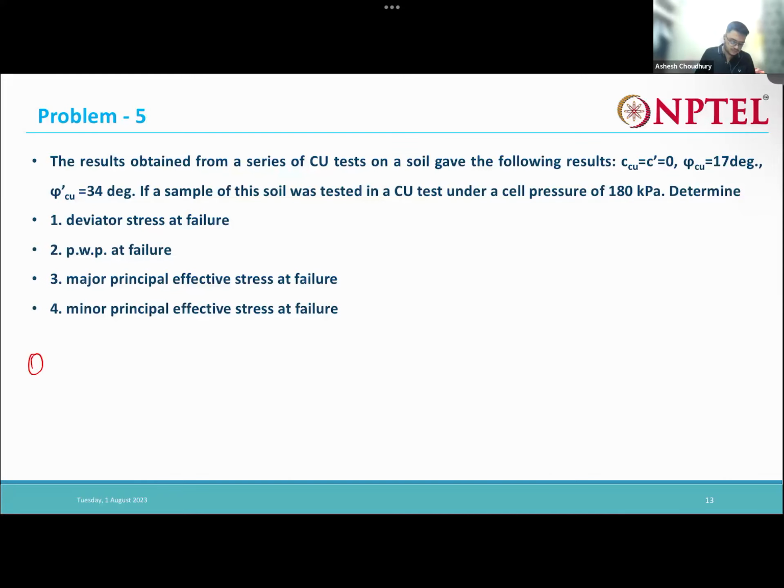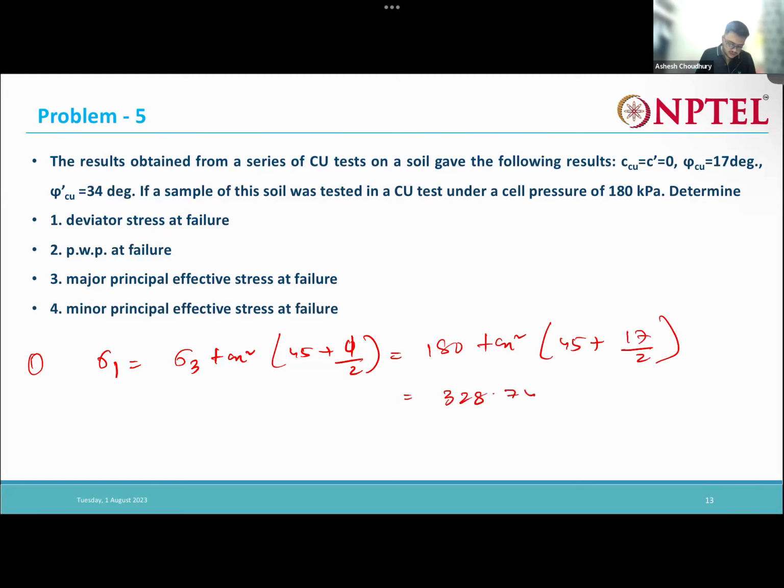Okay, first let us find out the deviator stress at failure. What we can do is simply find the major principal stress first. Sigma 3 is given as 180, so sigma 1 is 180 tan squared (45 plus 17 by 2), which is 328.74 kPa.